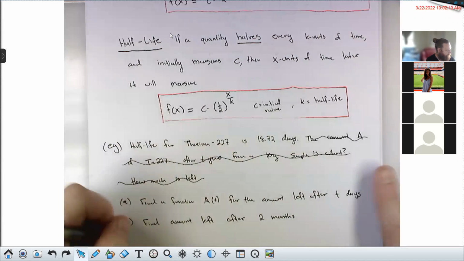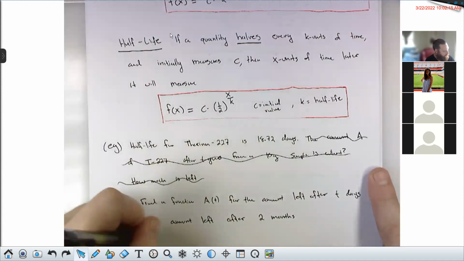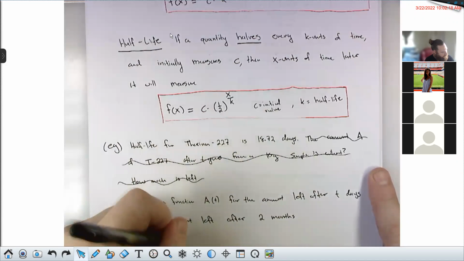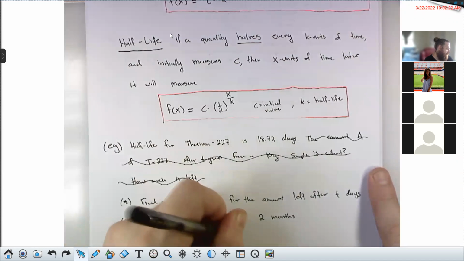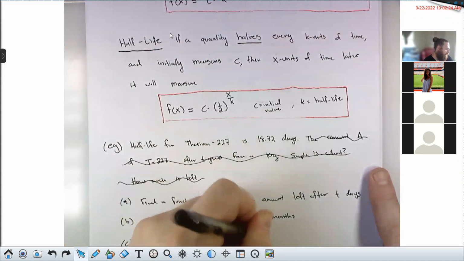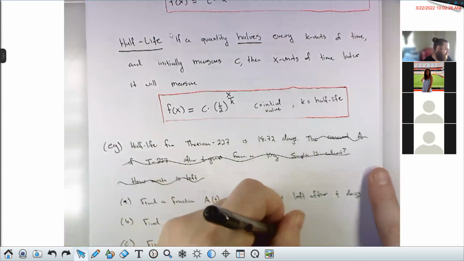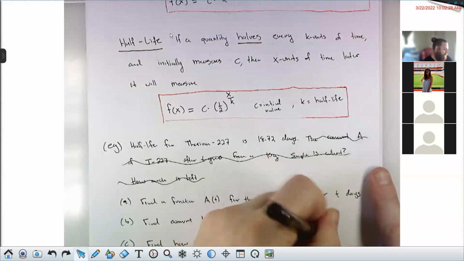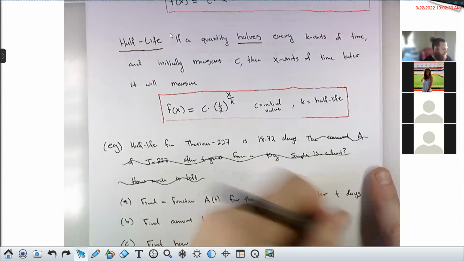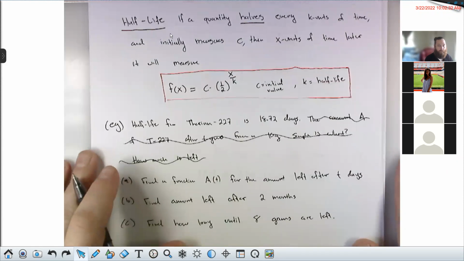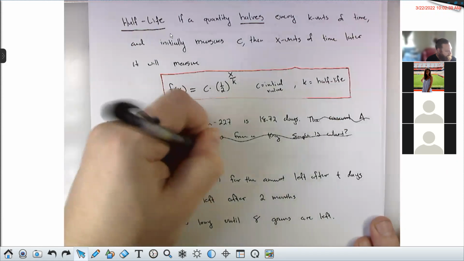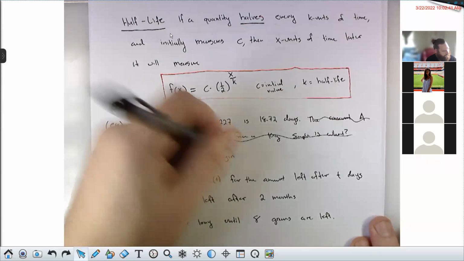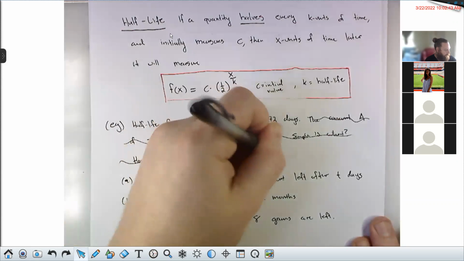Some unit conversion in. And let's find how long until, say, 8 grams left. Oh, and I crossed it out here, but we're beginning with a 10 gram sample.